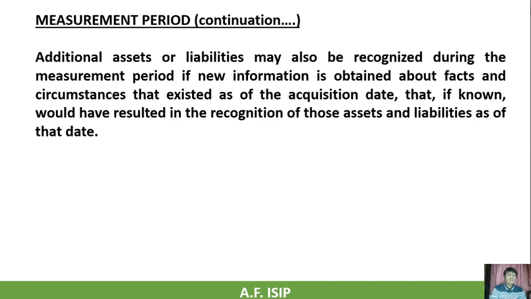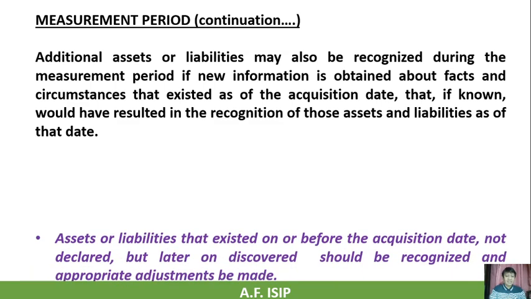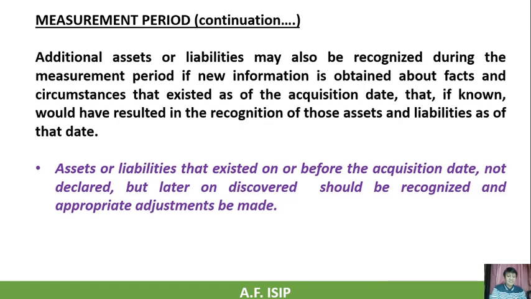Those should be included and an adjusting entry should be made. So here is my reflection. Assets or liabilities that existed on or before the acquisition date, not declared, but later on discovered, should be recognized and appropriate adjustments be made.